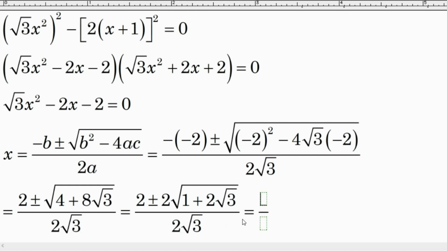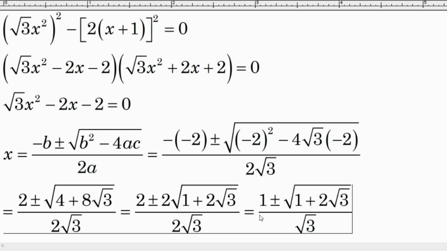So we will get 1 plus or minus square root of this number, and divide by square root of 3. Okay, so now we have finished solving this. So the answer is this for this equation.